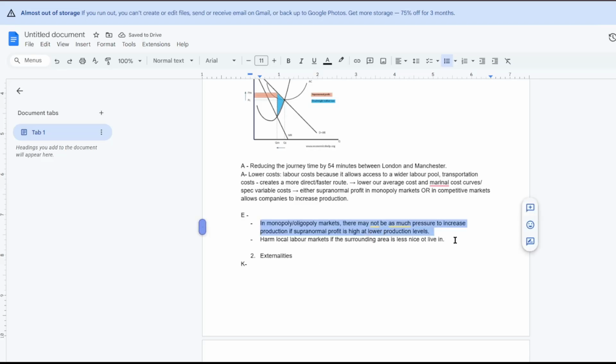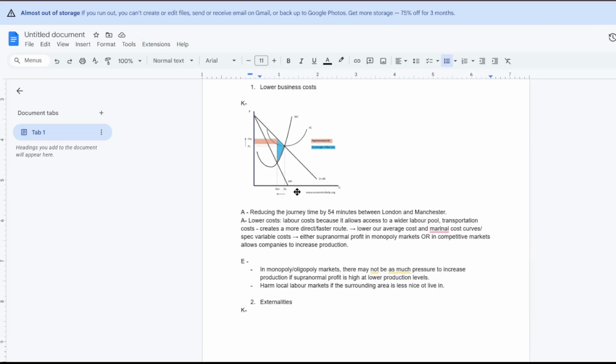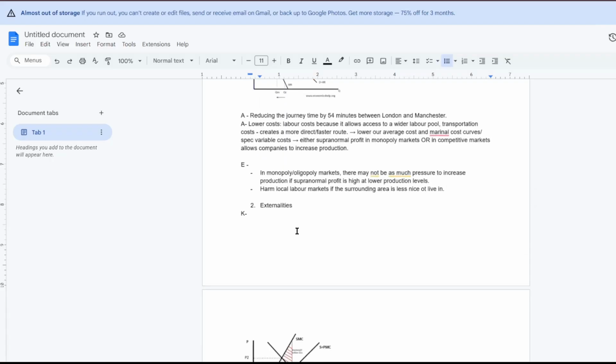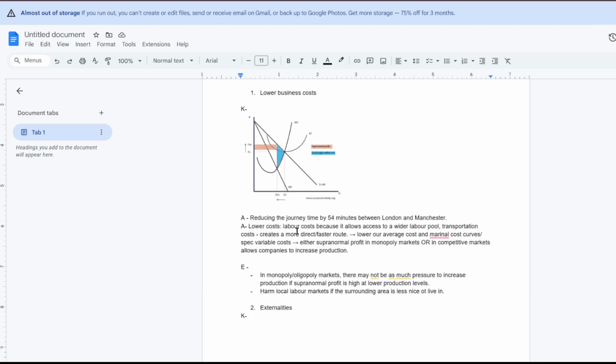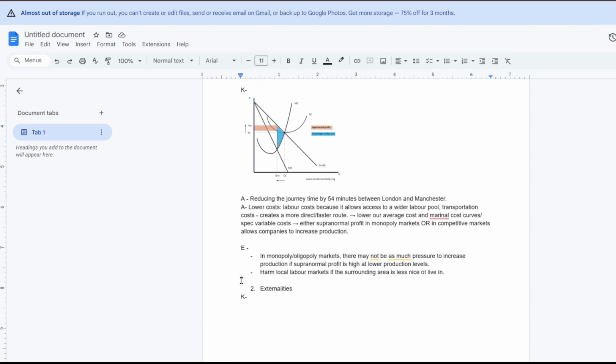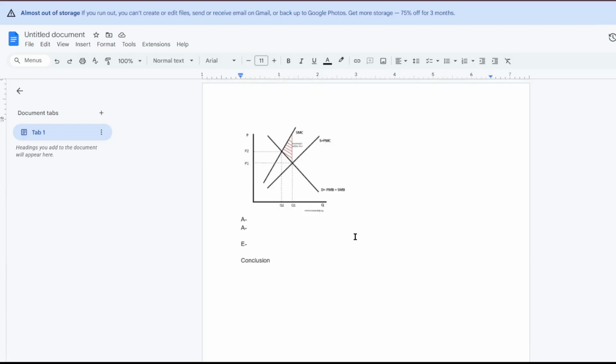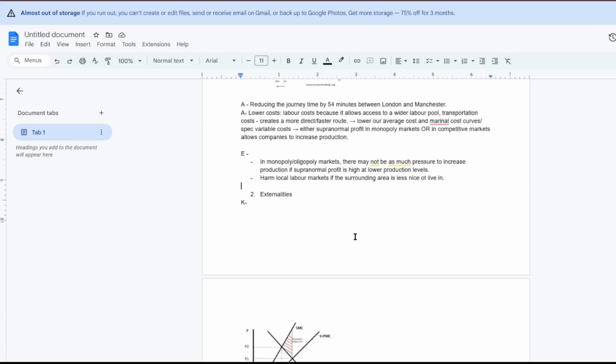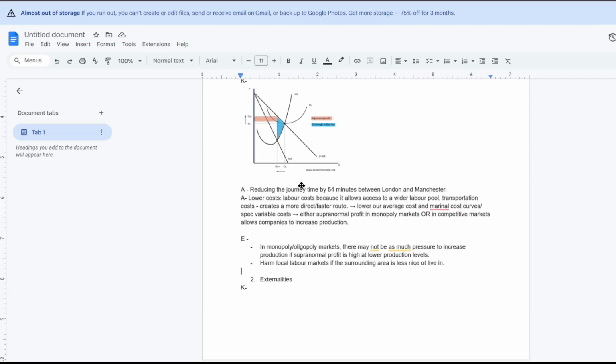Just something to indicate that if we build a massive highway through lovely fields, maybe we're making the local area less pleasant, and therefore we're going to have a smaller pool of workers. All of those are potential evaluation points. I think lower labor costs is likely to happen, and I think this is maybe the more interesting evaluation.